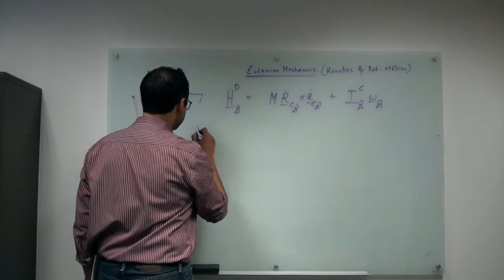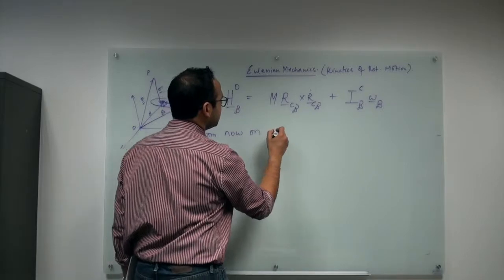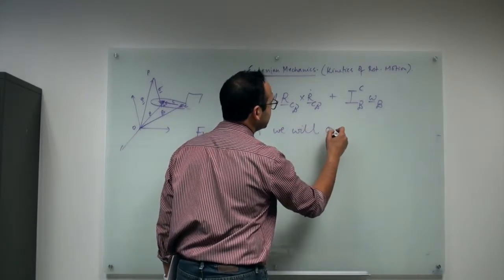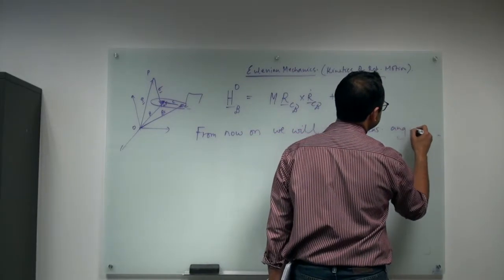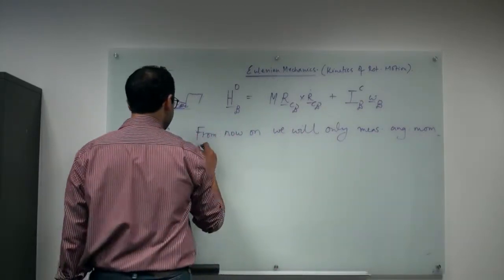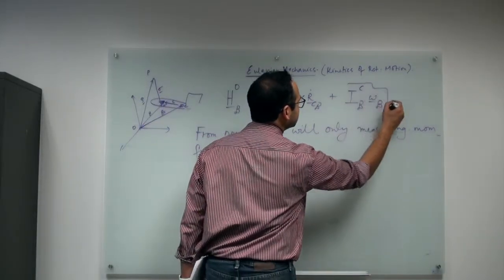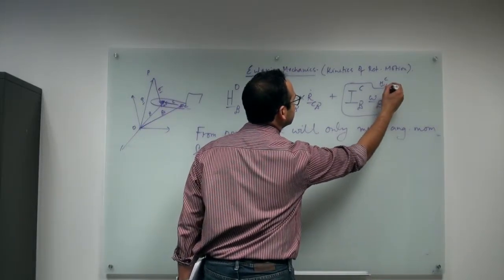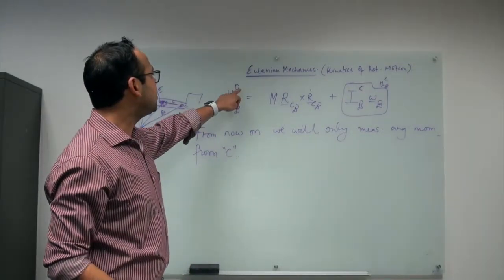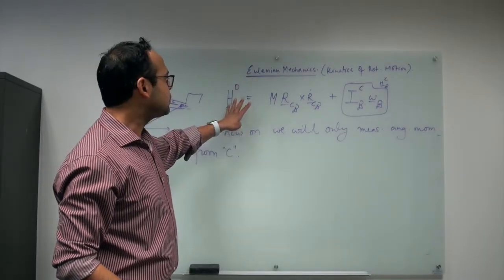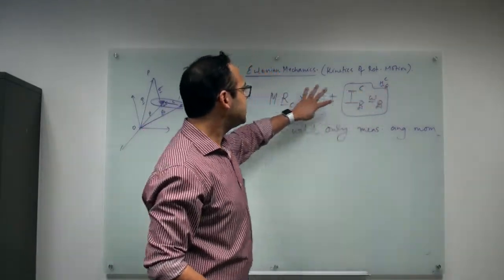Now I'm going to make a big important note here. From this point on, we will only measure angular momentum from C. It's good to know that the angular momentum of the aircraft measured from O, expressed in B, that's not so important, but measured from O is related to the angular momentum measured from C through this relationship, right?